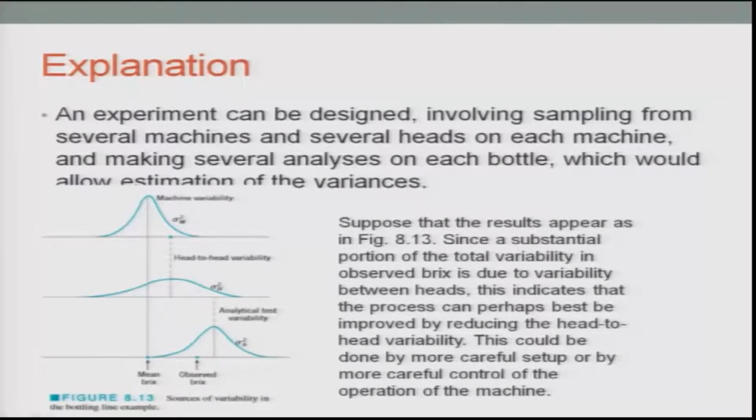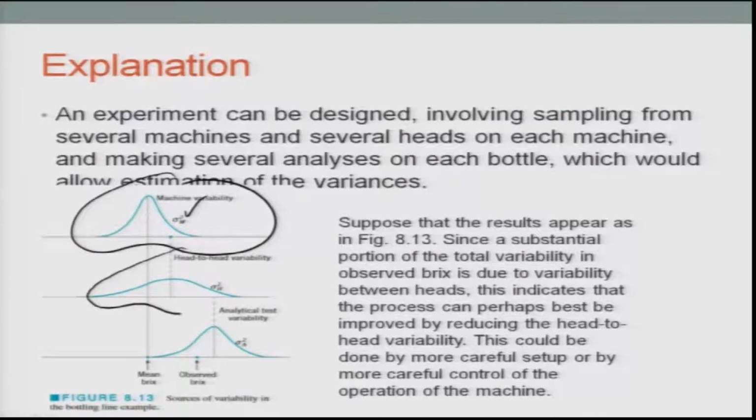An experiment can be designed involving samples from several machines and several heads in each machine, and making several analyses on each bottle, which would allow us to estimate the variances. If you consider this problem, in this case you have the machine variability, and the variance is given by sigma squared suffix m.